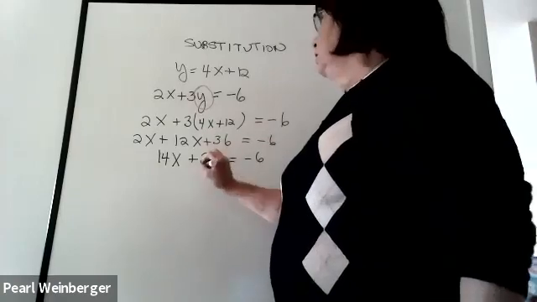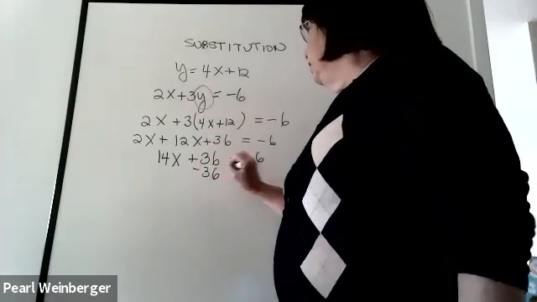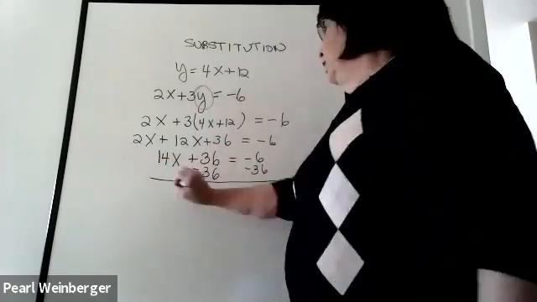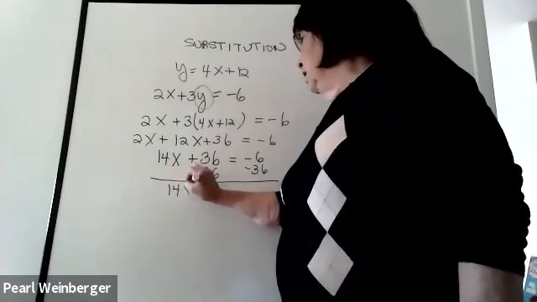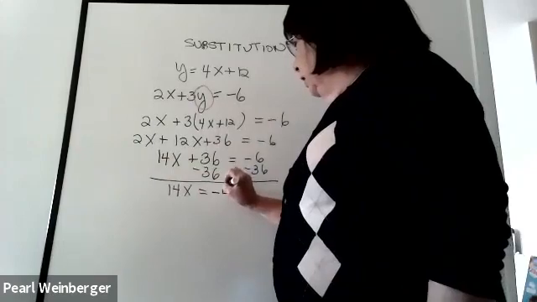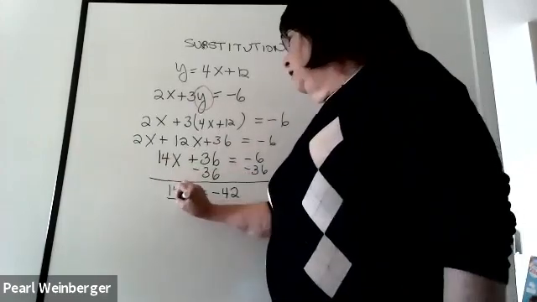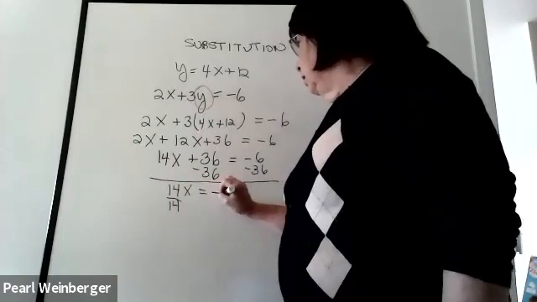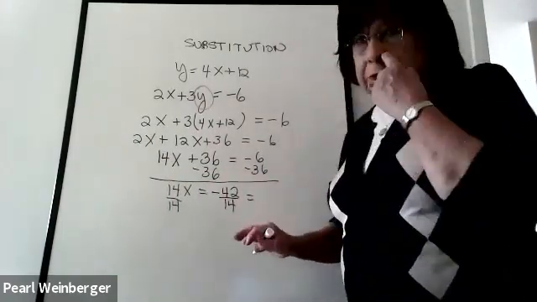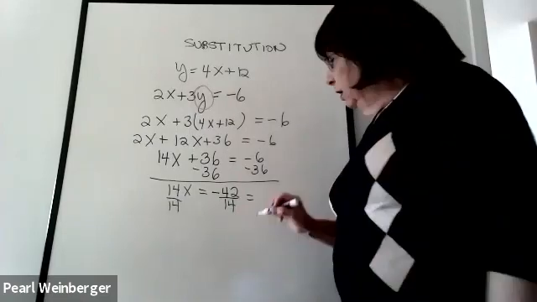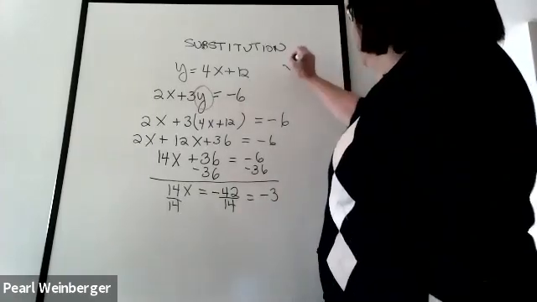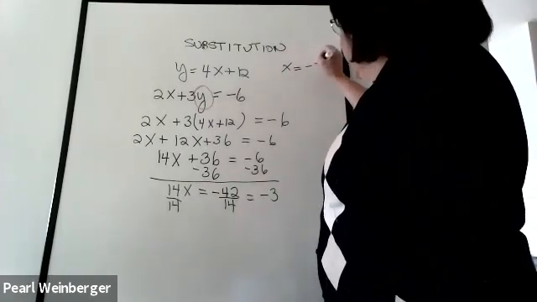And I want to get rid of this 36, so I'll subtract 36 from both sides. So I'll get 14x equals, well, -6 minus 36 is -42. And divide by 14. And -42 divided by 14, if you don't know that by heart, you can certainly put it into your calculator. That's going to give you -3. So it turns out that my x equals -3.